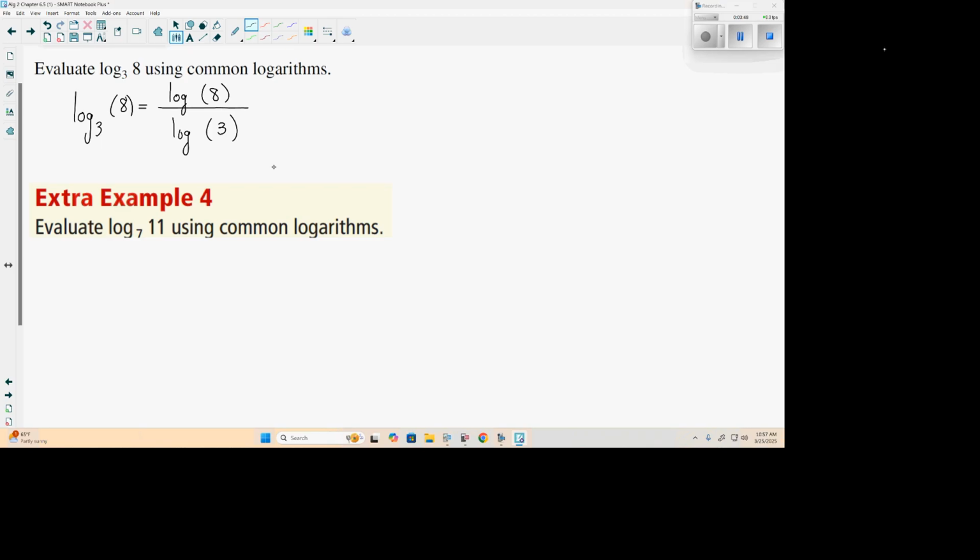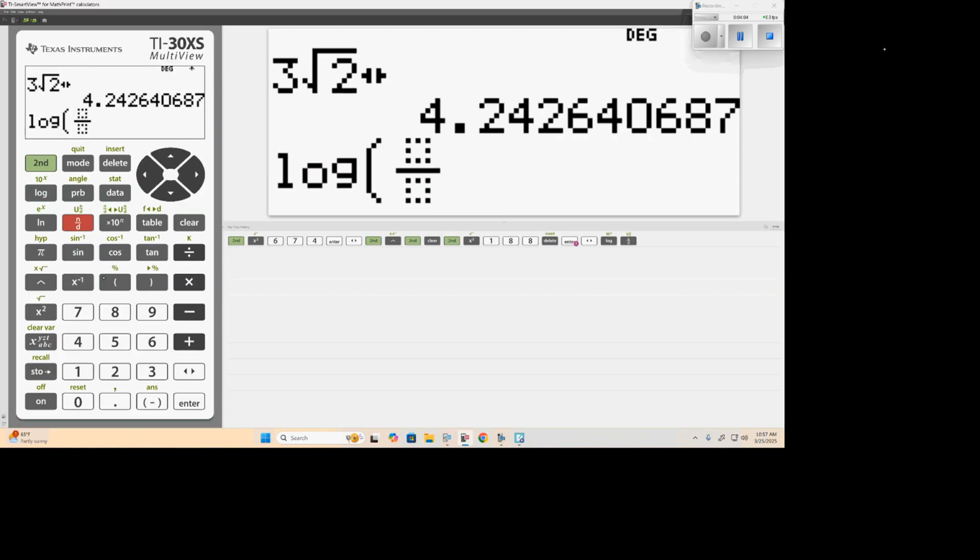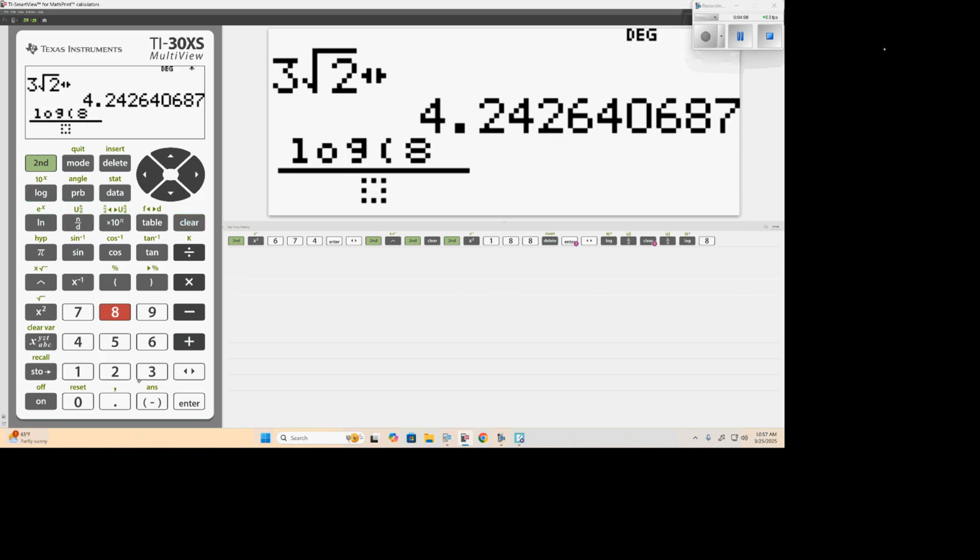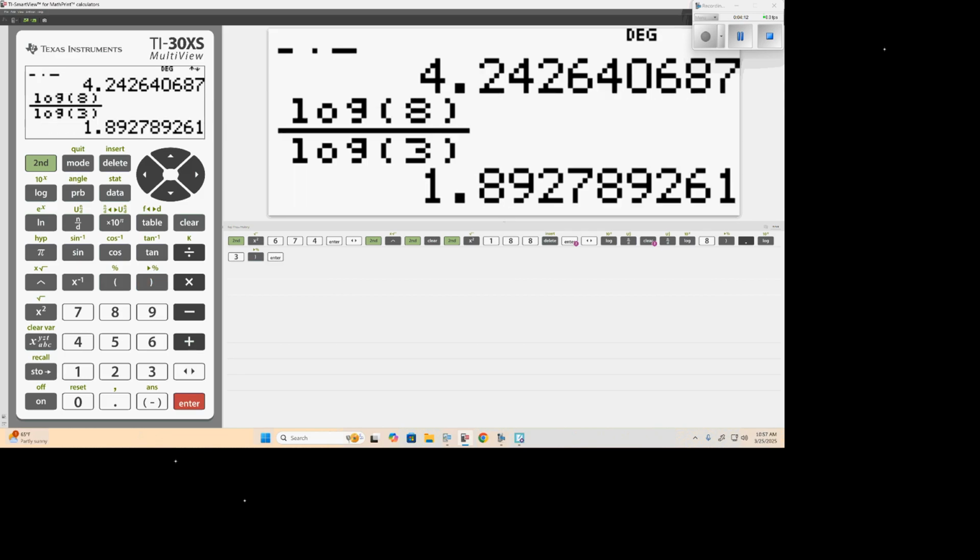Now, we normally set the base to be 10 because it's nicer to work with common logs. But we get this here. Questions on this here? Now, the nice thing with this is now we can grab the 30xs and say log of 8 over log of 3. And it tells us it's 1.8928.